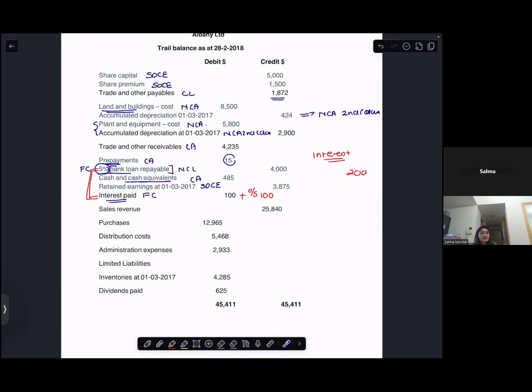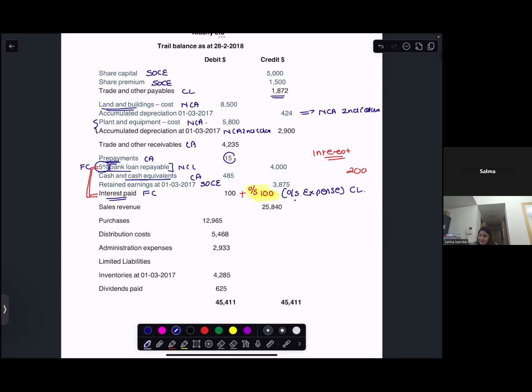Does this end over here? Will this have any other effect? What other effect? Outstanding expense. So this is going to go to current liability.